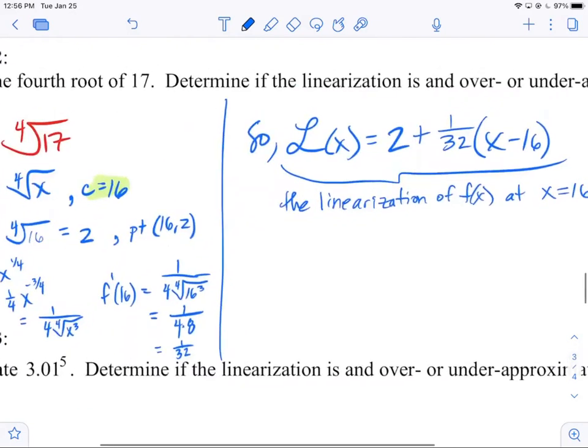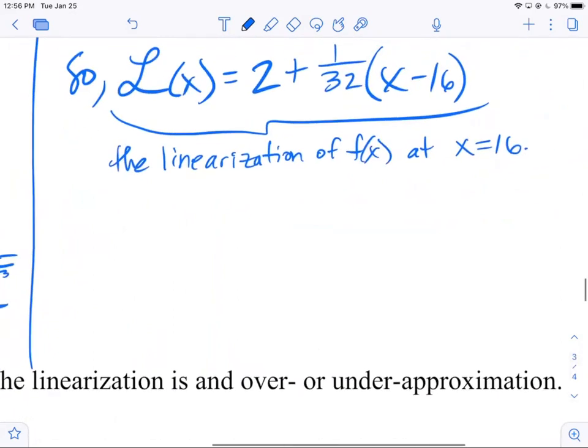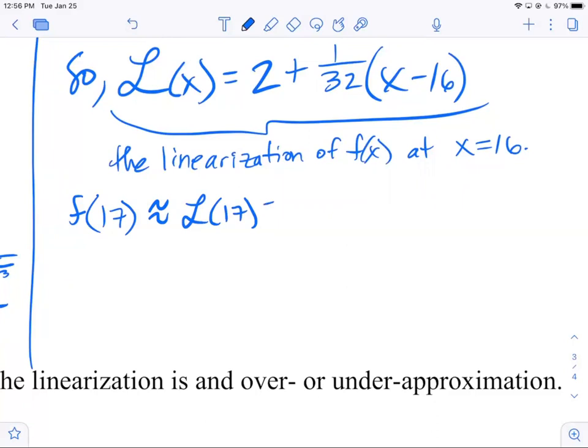So now, instead of saying the 4th root of 17, since I know it's f of x, you could say f of 17 is approximated by L of 17. That's why it's nice to give them each their own distinctive name. That equals 2 plus 1/32 times 17 minus 16, which is 1.